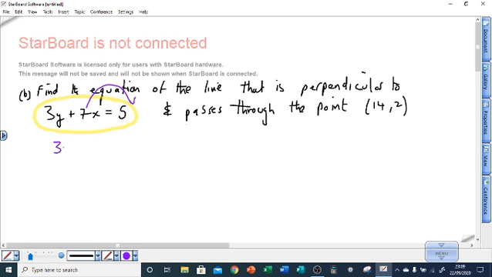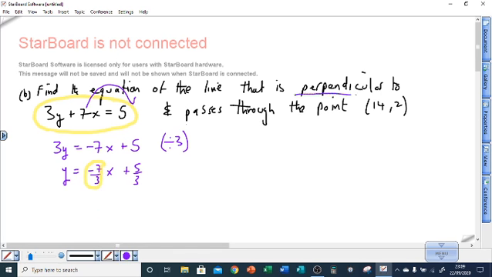So I've now got on this side 3y, and on this side minus 7x plus 5. The last thing I've got to do is divide through by 3. Divide that by 3, leaves you with y. Divide this by 3, leaves it as a fraction, minus 7/3 x. And divide this by 3 is plus 5/3. The gradient in that format, y equals mx plus c, is quite clearly that.